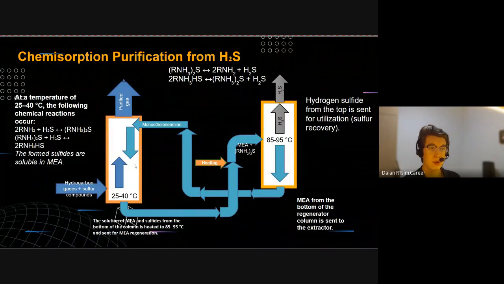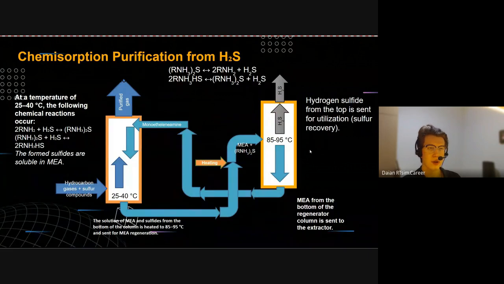So you can see the scheme of our purification. Hydrocarbon gases and sulfur compounds enter our column from the overhead part, purified gas exits, and from the bottom hydrogen sulfate is sent to utilization or sulfur recovery.